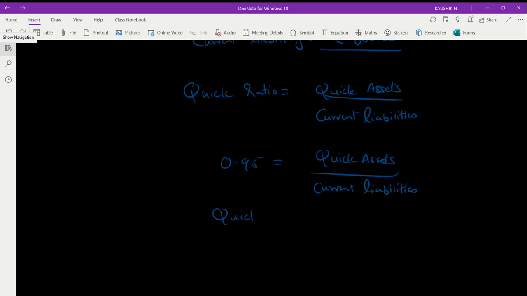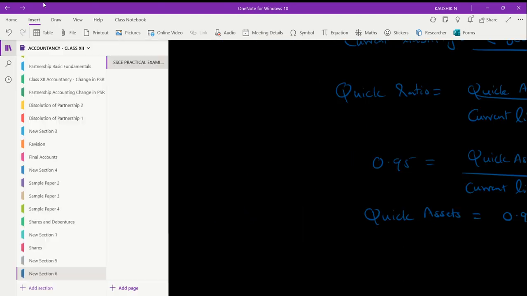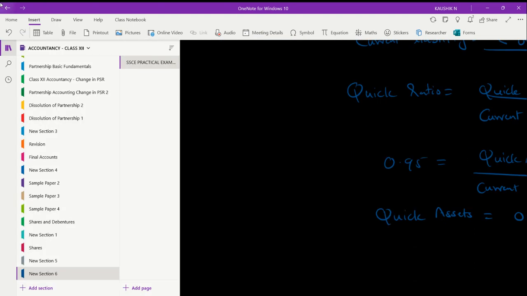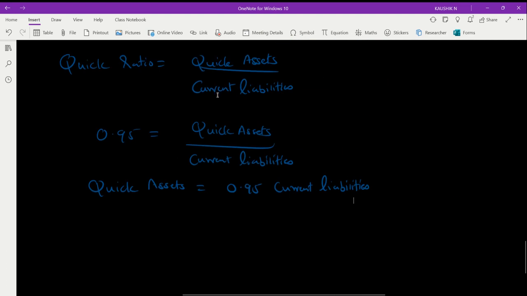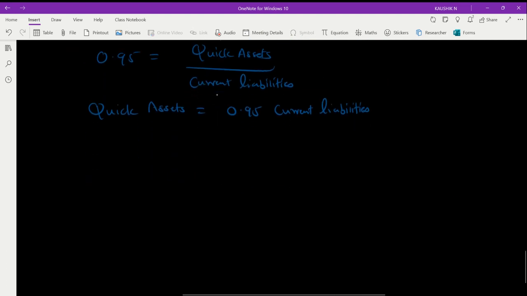That means quick assets is equal to 0.95 of current liabilities. Now you are going to fix up the value. So for finding out inventory, quick assets is equal to 0.95 of 6 lakh 80,000. So what you will be getting, that's what you are going to find out.